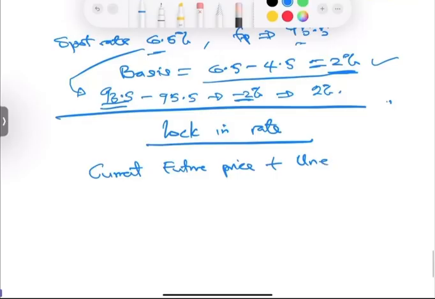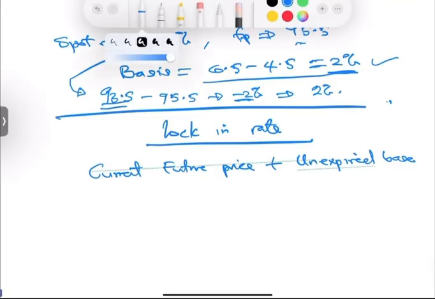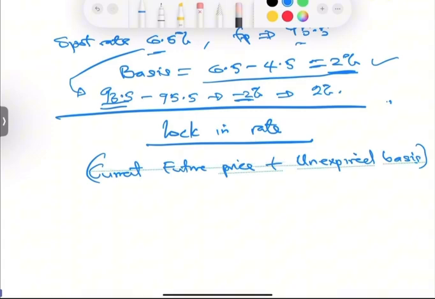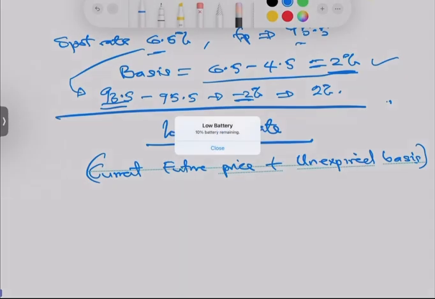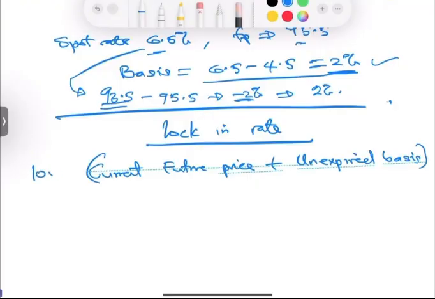So there will always be unexpired basis. And to make life easy for you, because the future will always be in 100 minus the rate, it will be very important for you to note that.